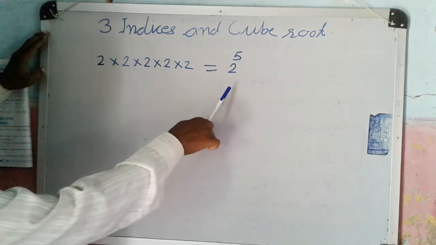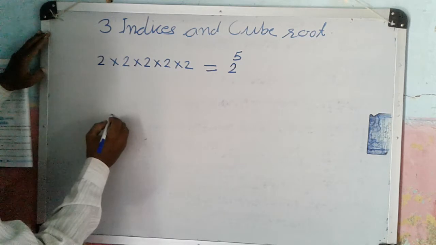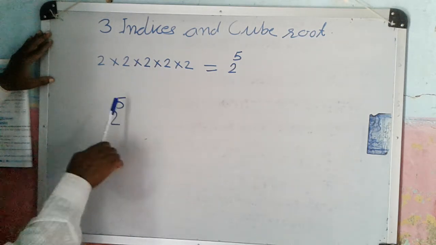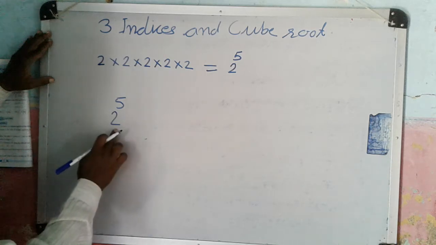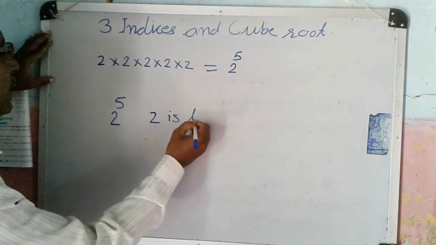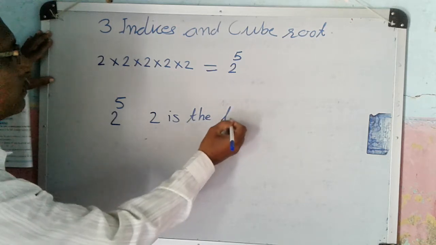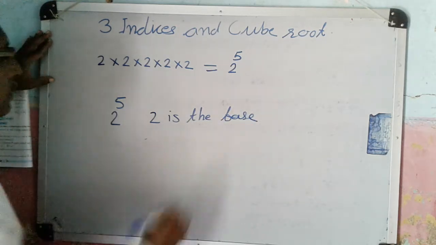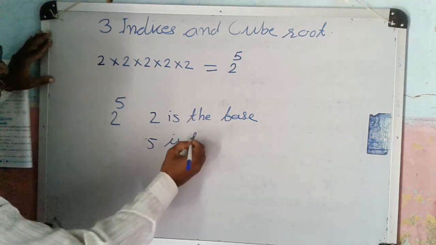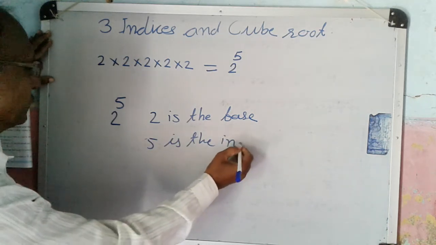So, in this number, the fifth power of 2, 2 is the base and 5 is the index.